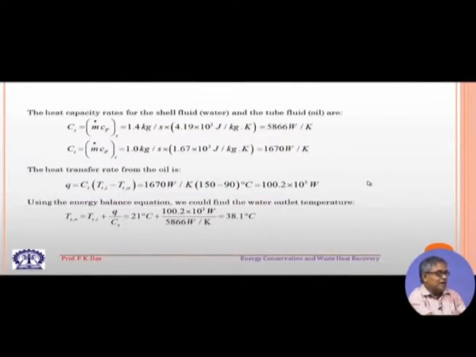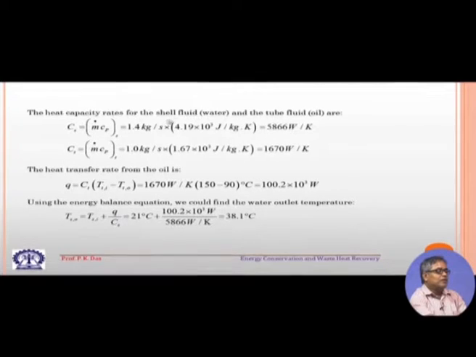So, with this data, if we want to determine the surface area needed for this heat exchange, we get heat capacity rates for shell fluid, that is water, and tube fluid, that is oil. So, C s, that is heat capacity rate, given by m dot Cp s, all are for water.